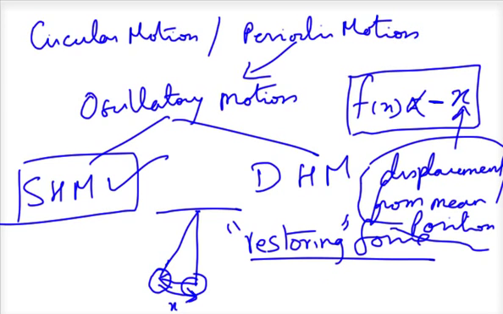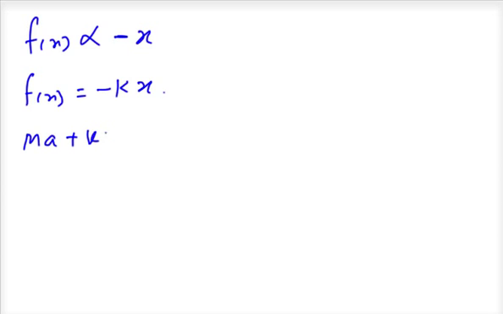Okay, so let's try to understand this once again. I am saying that F of x is proportional to negative x, or the force, which is a function of x, is equal to minus k x, or m a plus k x is equal to 0.